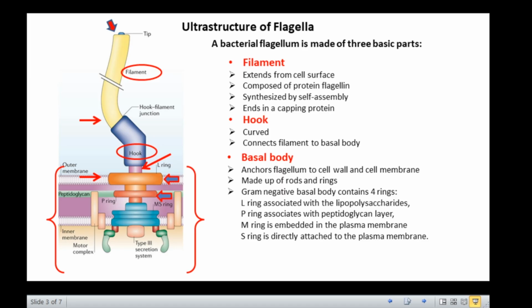The MS ring structure is regarded as the construction base onto which the other flagellar substructures attach. The rod is made up of 4 proteins and is the site where the P ring attaches. Gram-positive organisms have only 2 basal body rings, P in the peptidoglycan layer and M in the plasma membrane.